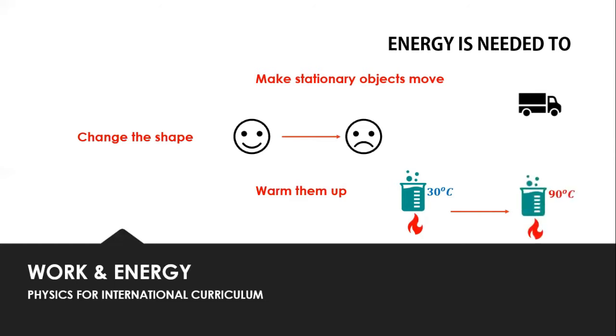Look at this one. The temperature is increasing from 30 degrees Celsius to 90 degrees Celsius. So we can say that energy is needed to warm the object. Is it clear, everyone? Okay, next.